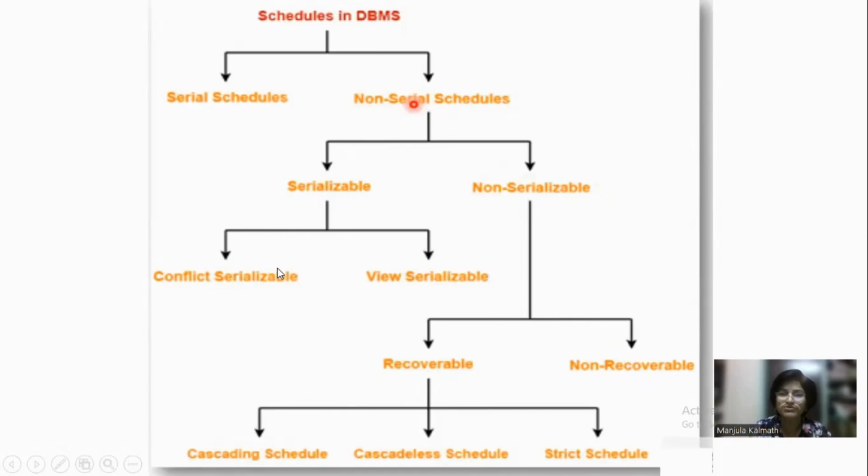To decide whether it is accurate or inaccurate with the cycle, we go for view serializability. And in non-serializable, we have recoverable as well as non-recoverable, and further classification within recoverable. So these are the different classifications regarding schedules. I hope it is clear to you.